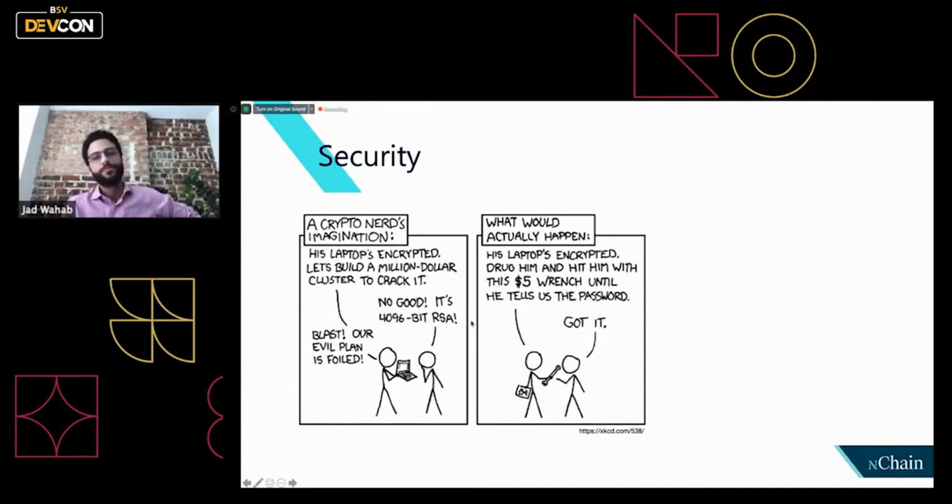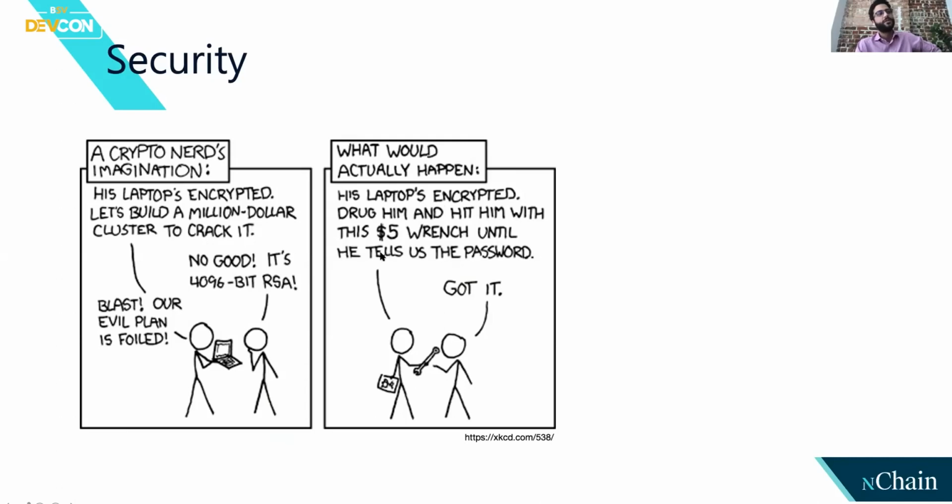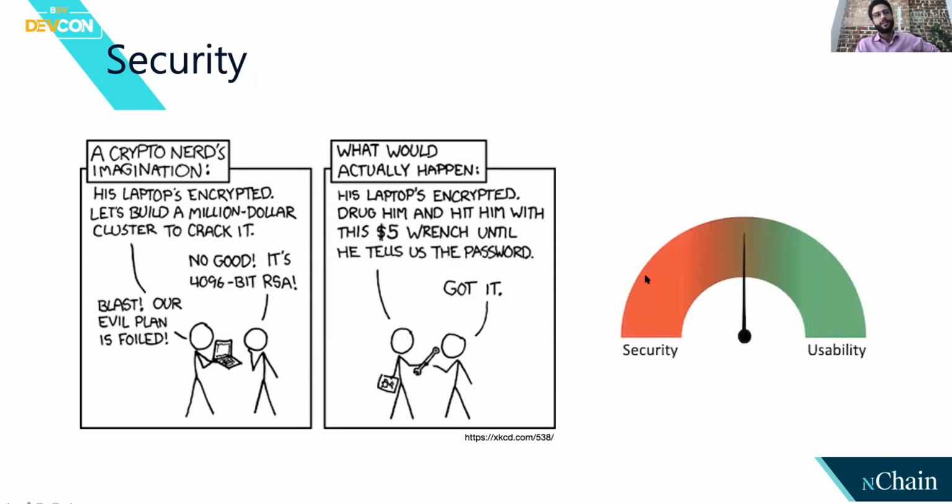Breaking 4096 bits of RSA encryption is going to be really expensive. So what hackers usually do is drug the victim and then hit him with a $5 wrench until he tells them the password. So security is all about risks and trade-offs. There's always a trade-off between security and usability.